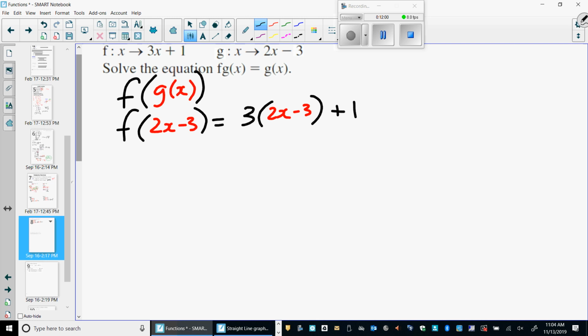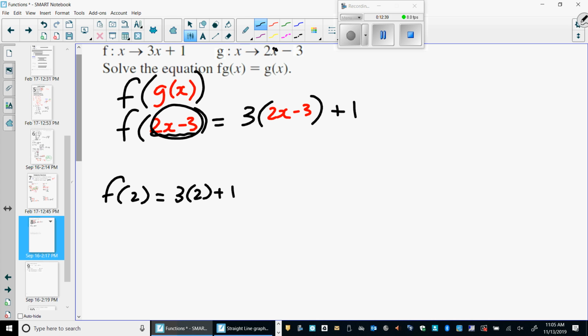And we know that when we have something else written instead of the letter x, if I was trying to find f(2), you would write 3 brackets 2 plus 1, yes? You agree with that? But why is it not the g? This represents g. So we don't use the letter g, we're using the expression for the function g. Is that what you're asking? Yeah. Everyone else happy with that?